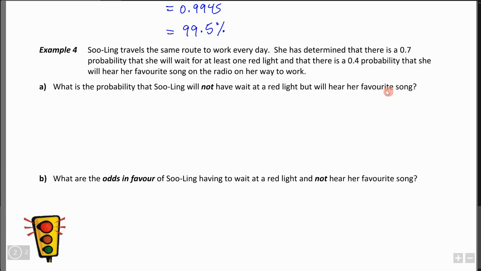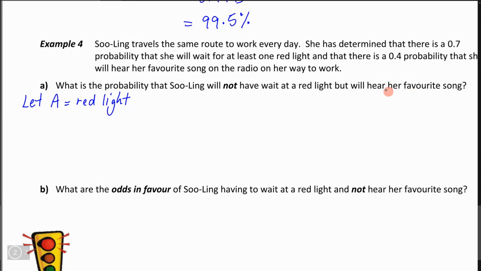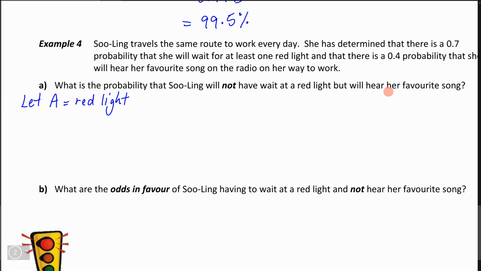So I'm going to say here that we're going to let A equal the red light. So A is the probability that she'll have to wait for at least one red light. And we're going to let B be the probability that she will hear her favorite song on the radio.